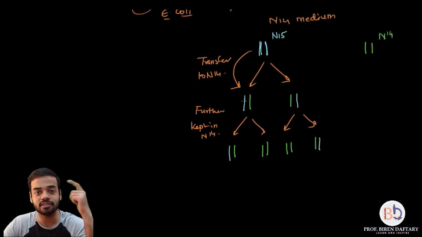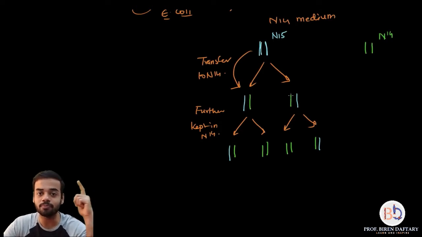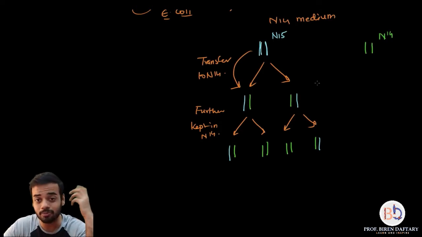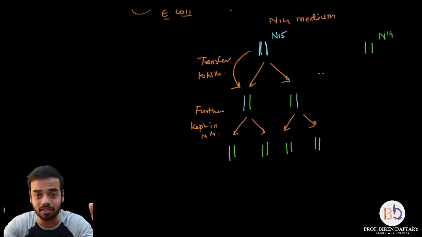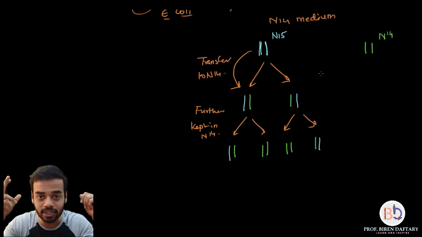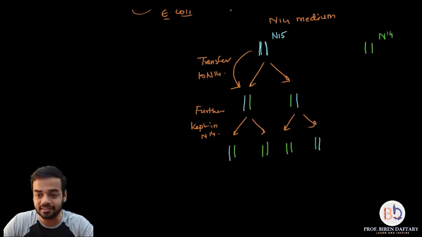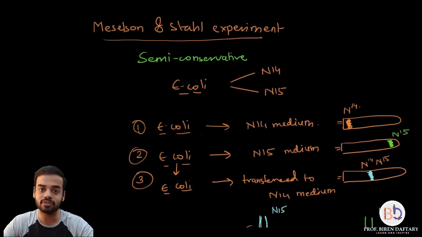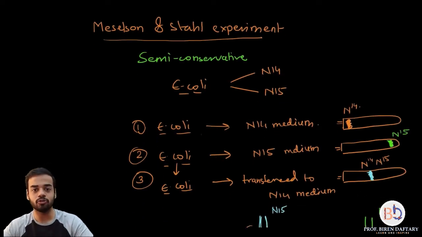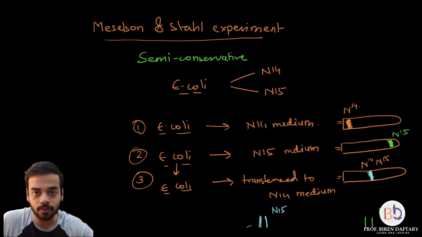It is having one strand N15, one strand N14. So please remember, with this experiment they proved that DNA replication is semi-conservative. You need to remember the chemical used, 6 molar cesium chloride. It itself gets divided into the gradients when it is subjected to centrifugation. Clear? So I hope this experiment is clear.